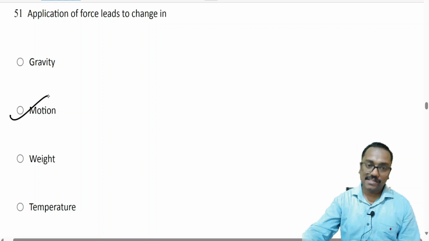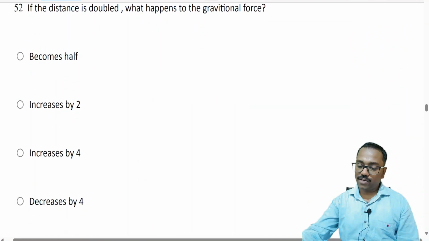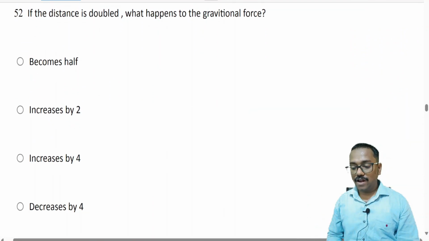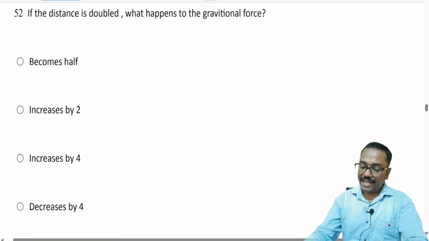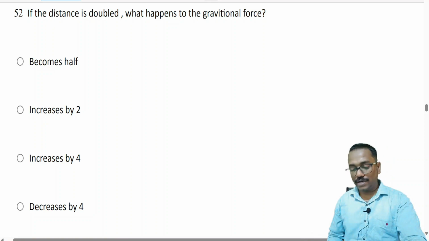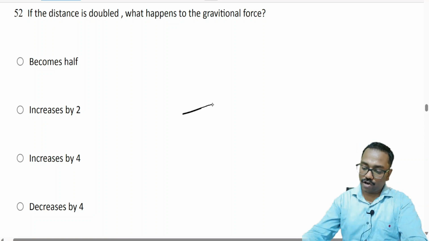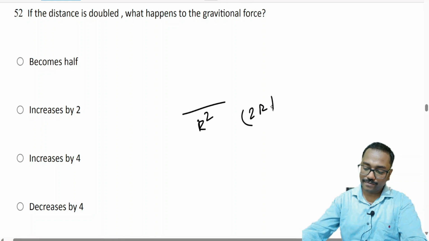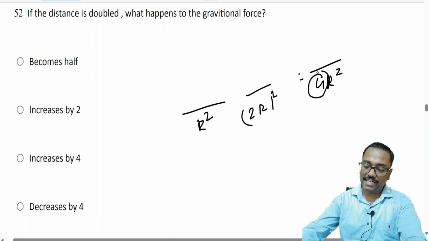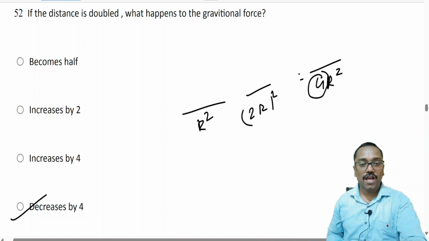So its answer is motion. 52nd question. If the distance is doubled, what happens to the gravitational force? Becomes half, increases by 2, increases by 4, decreases by 4. So we already know that in the denominator it is R square. If it is doubled, this becomes 4R square in the denominator. So it decreases by 4.